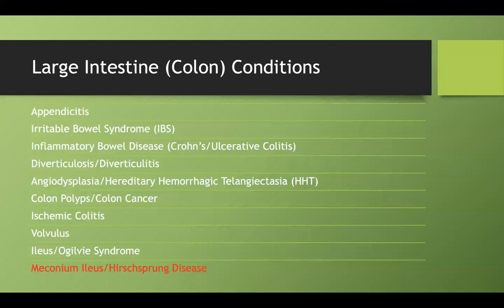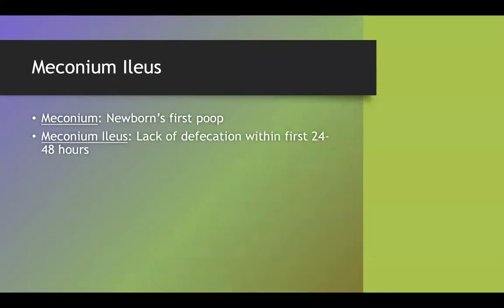Our last section here is just on a childhood disorder, Meconium Ileus and Hirschsprung disease. Meconium is just a newborn's first poop, and Meconium Ileus is a lack of defecation within 24 to 48 hours of life.